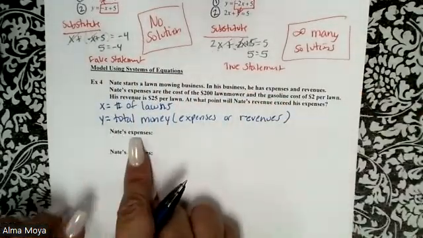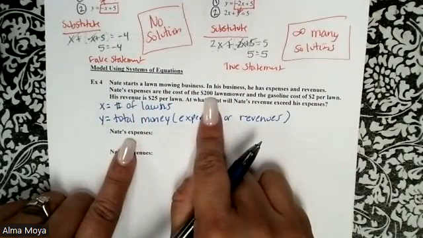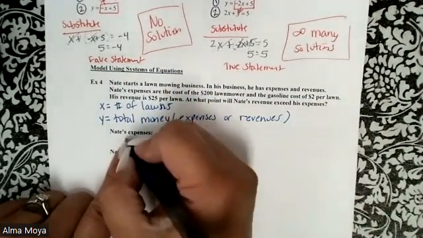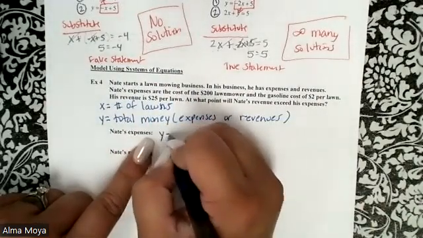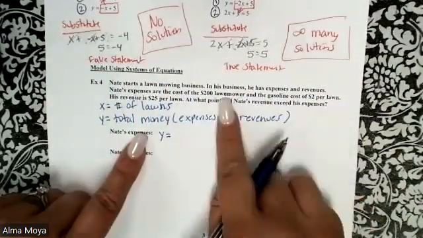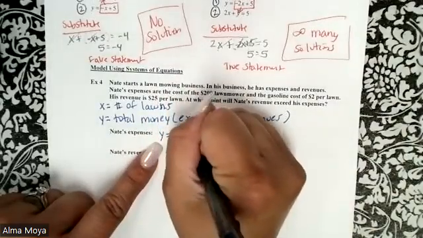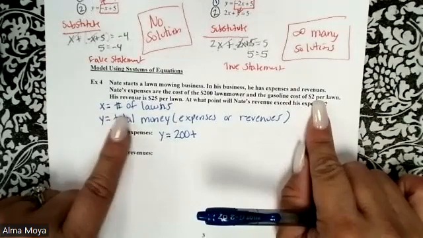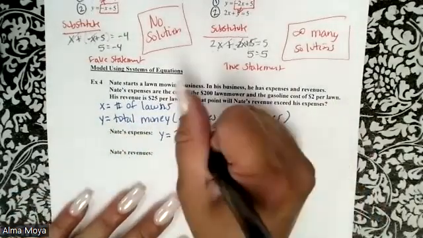So Nate's expenses. Remember, he spends $200 on the lawnmower plus $2 per lawn. So his expenses, this is going to be Y equals 200 plus 2X. Remember, the word per means multiply, and lawns is going to be X, so that's going to be a 2X.